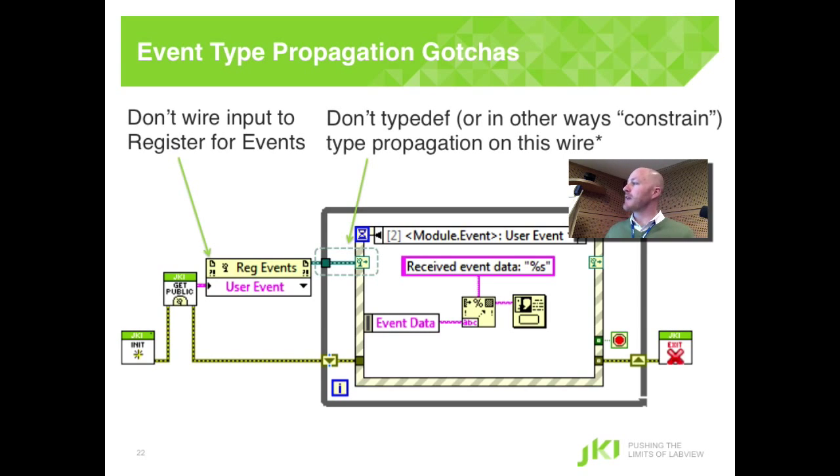And if you type def, or you put this in a sub-VI, then all of a sudden the typing information doesn't flow freely at edit time. You have a control in the way, or a type definition in the way, and that type definition needs to be manually edited each time you change your event types. It'd be great if there were a control in LabVIEW that were typeless, that could automatically propagate type through it at edit time, but we'll have to wait for that.